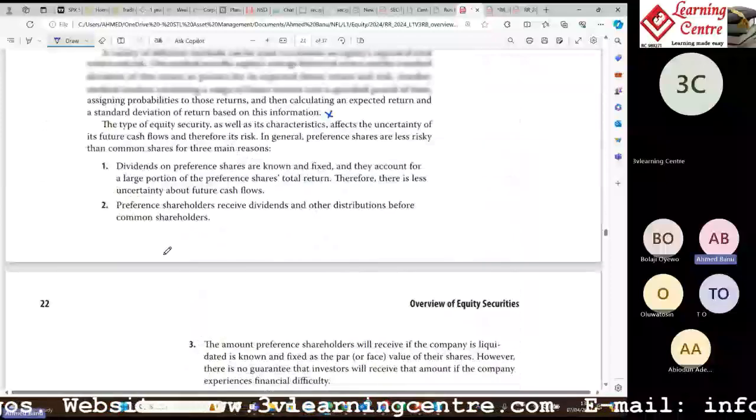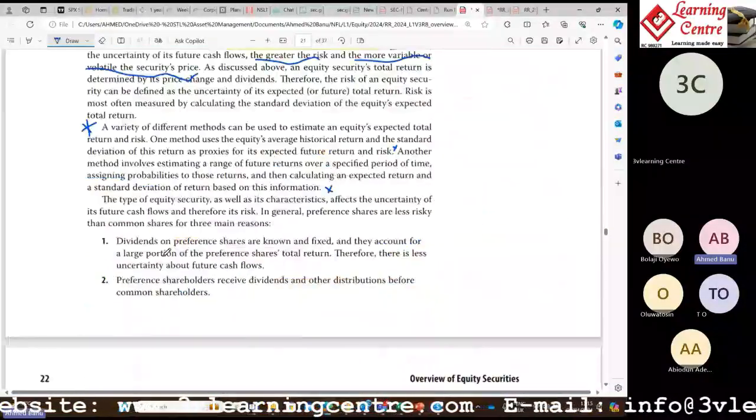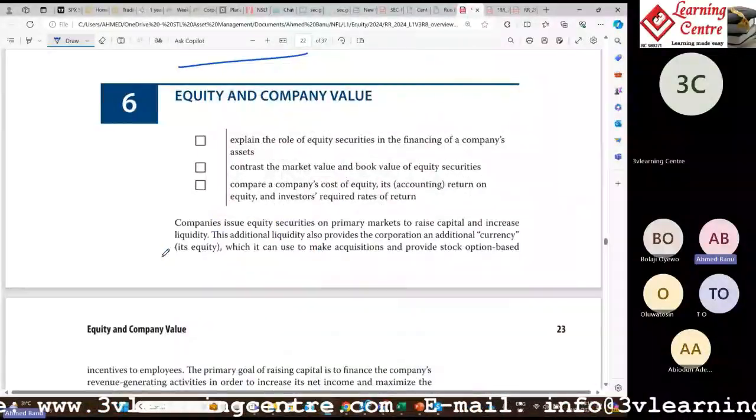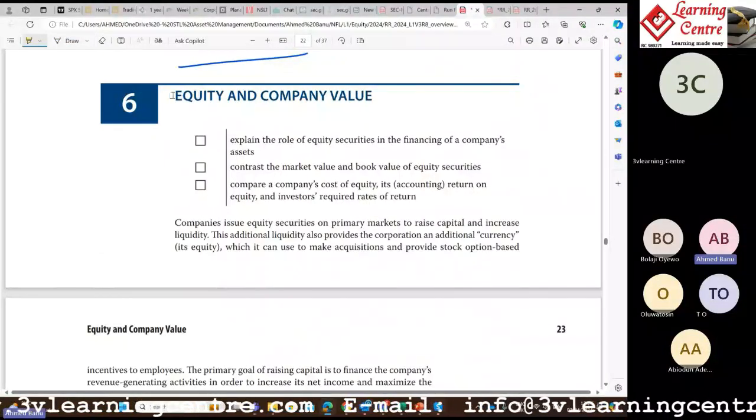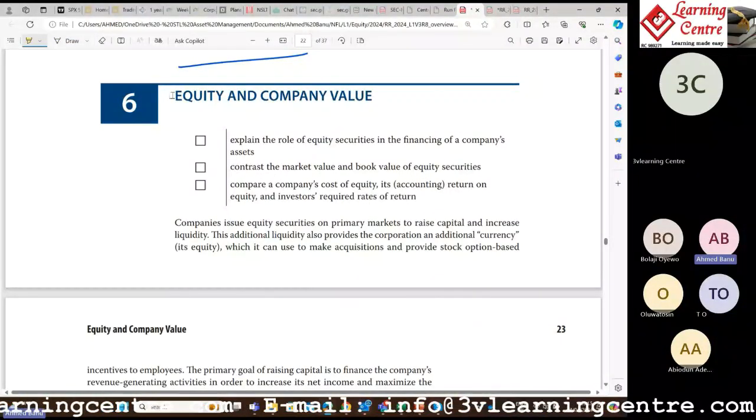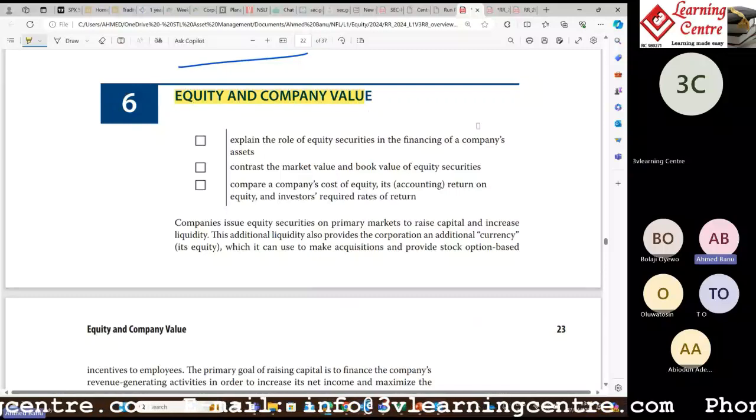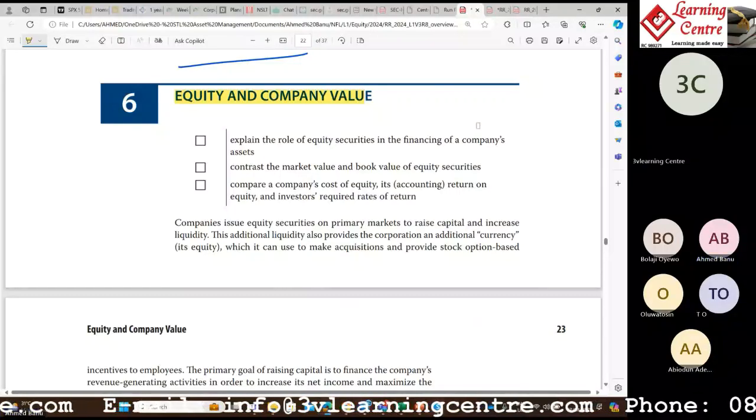Okay, so those are the returns and risk characteristics of equities. Now let us move to the next section, which is company equity and company value.